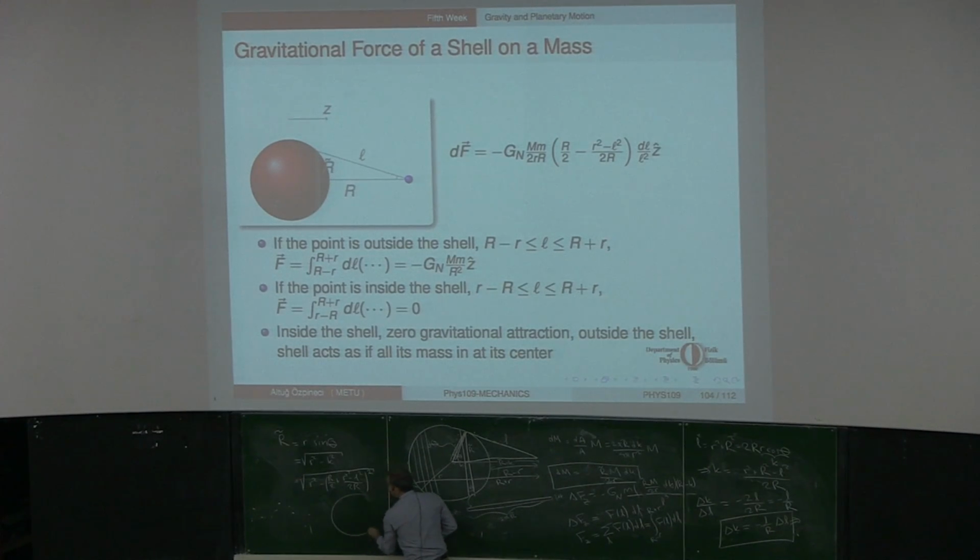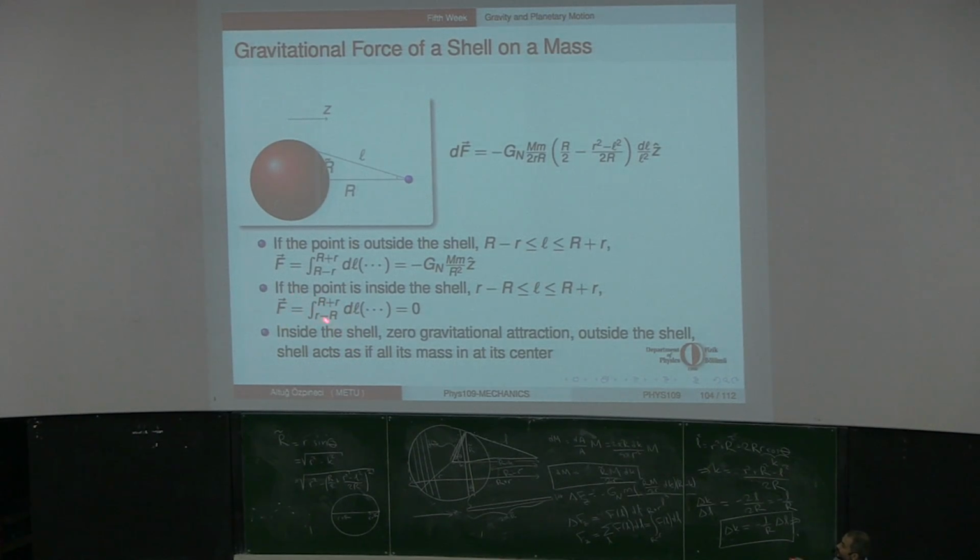so this is inside your sphere. If you are here, at this point L has the value small r minus capital R, and at this other end, L has the value small r plus capital R. So whether you are inside your sphere or outside your sphere, the possible values of L are different.